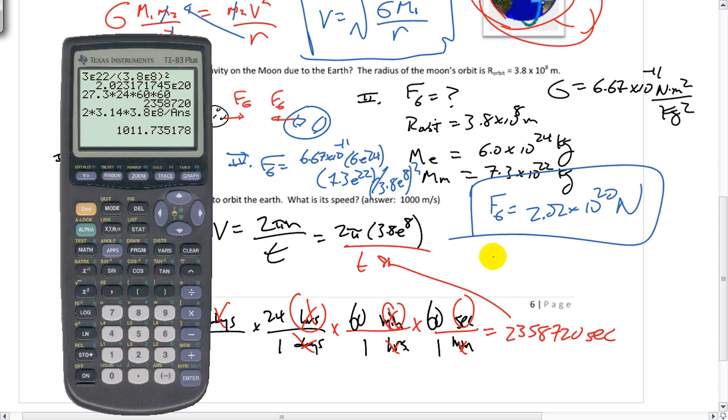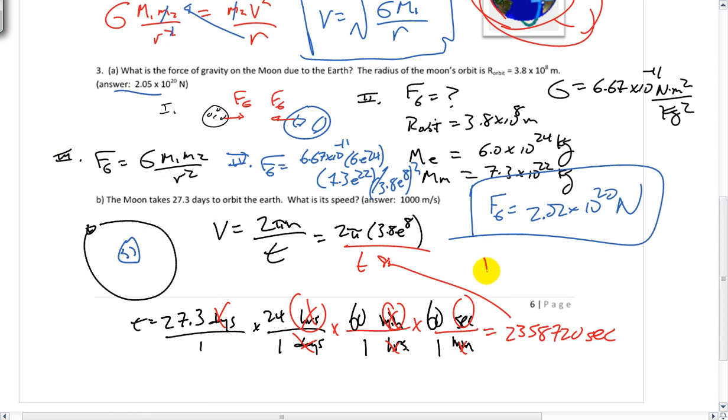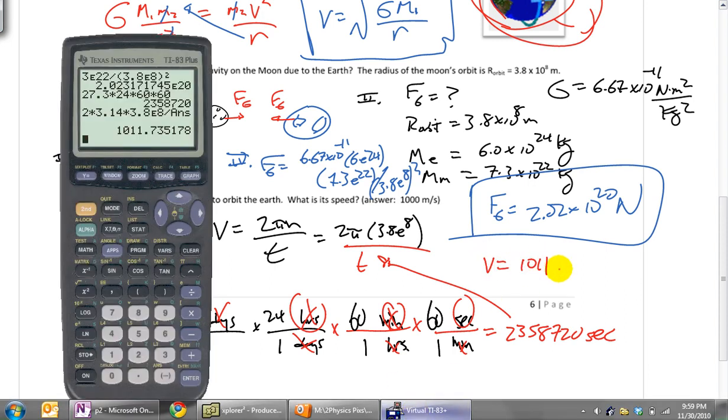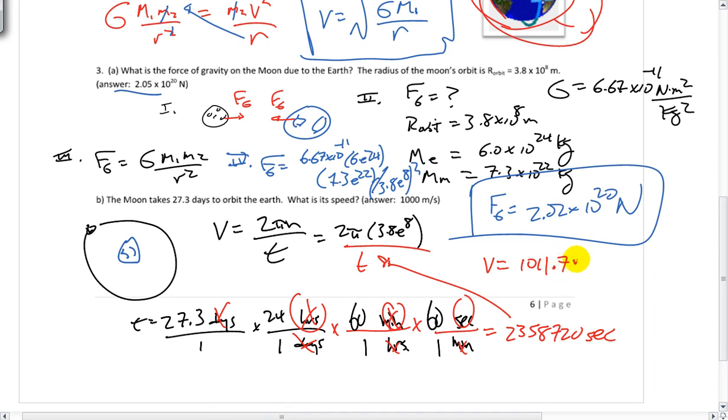V equals around 1,111.7 meters per second. So in a nutshell, that's number 3.